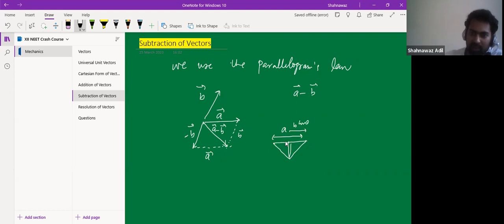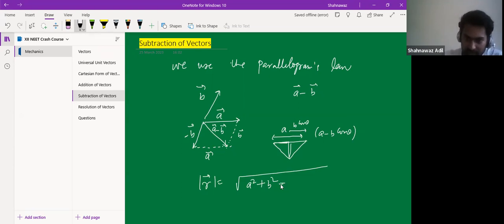The total was A, and this was B cos theta, so this distance will be A minus B cos theta. When you solve, the resultant magnitude comes out to be the square root of A square plus B square minus 2AB cos theta.